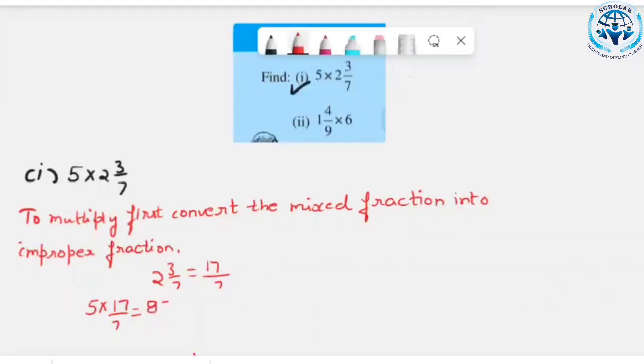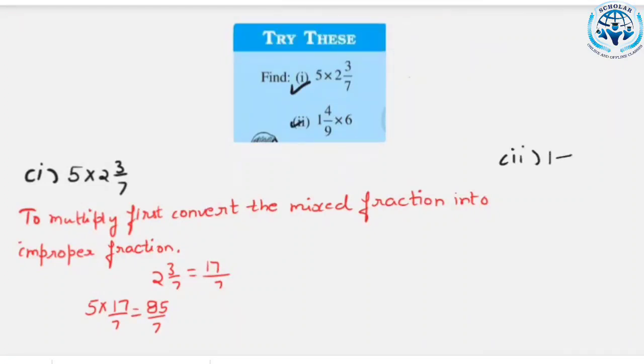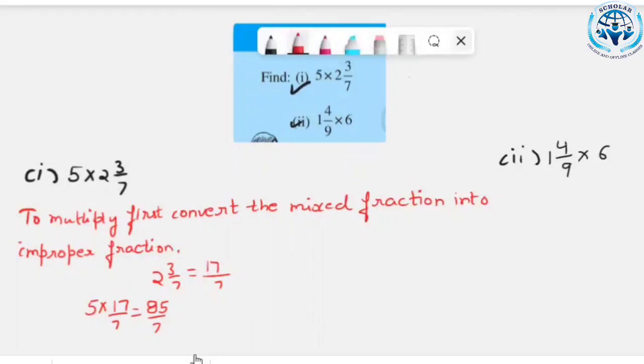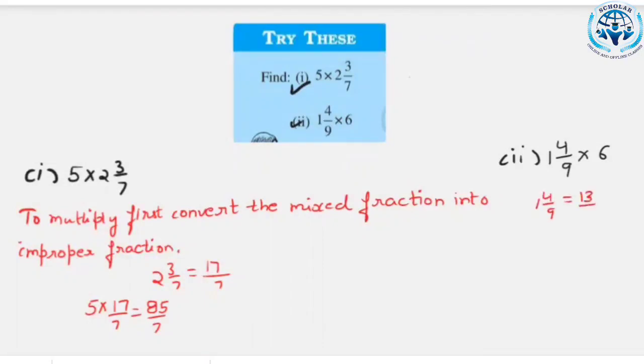Seventeen by 7. Now 17 into 5 is 85, 85 upon 7. Eighty-five by 7 is an improper fraction. Convert it into a mixed fraction and that will be your answer.